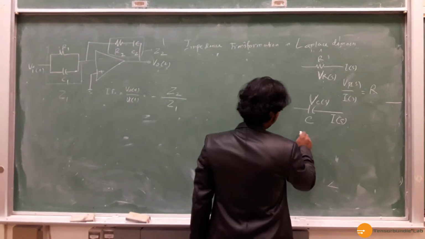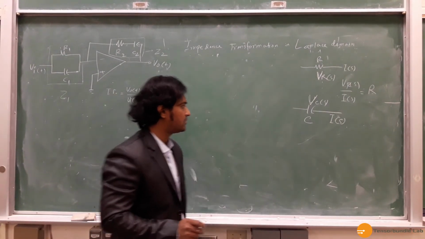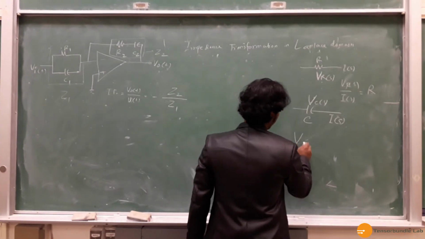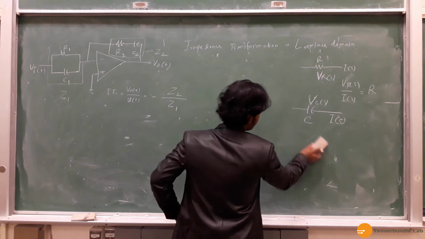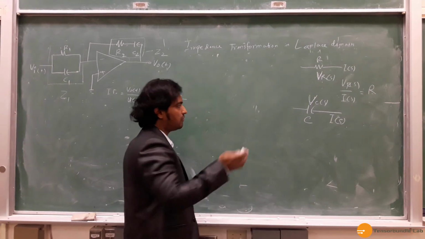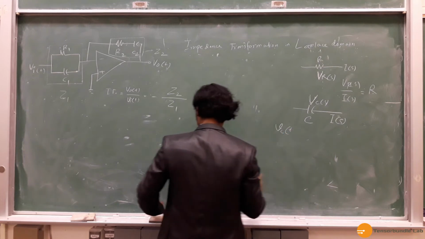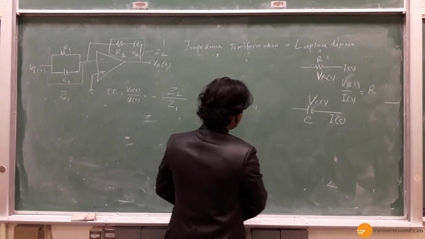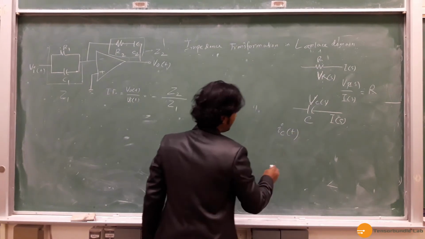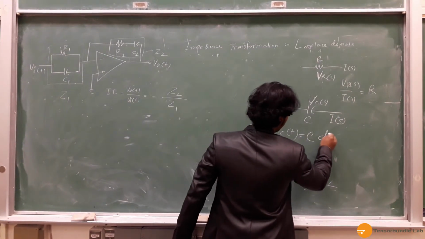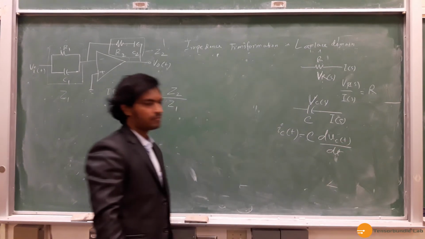Now, from the theory of basic capacitor circuit, let me write it in time domain so that you can follow me. We know the current across the capacitor is I of C equals C dVc by dt, right?